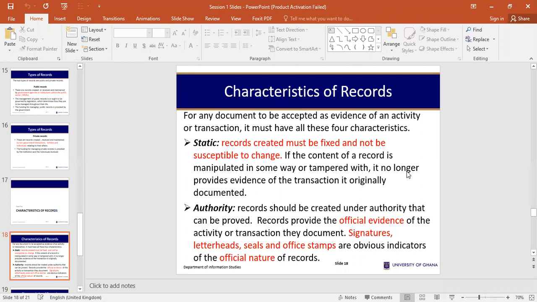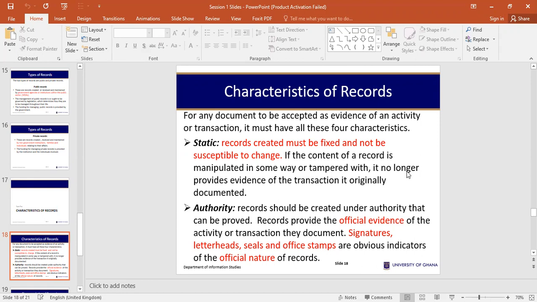The next characteristic is authority. Records should be created under authority that can be proved. So the University of Ghana has one certificate, hard copy, that will be given to you. There's no duplicate. If you misplace it or lose it, and you have to prove that you have misplaced it, you'll be given a letter of attestation.